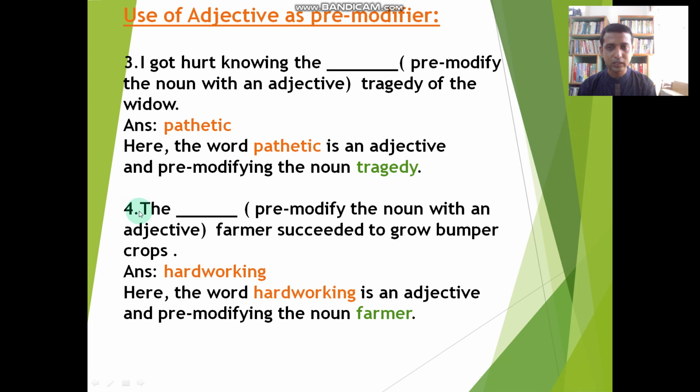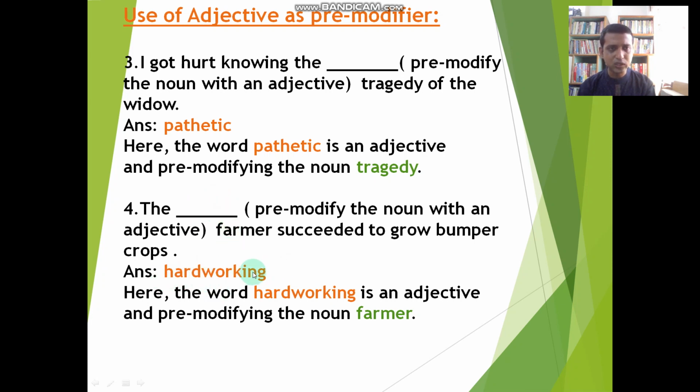Example number 4. The Danish farmer succeeded to grow bumper crops. Farmer is the head word, and this head word will be modified by an adjective. Okay, what adjective can we use here? Hardworking.